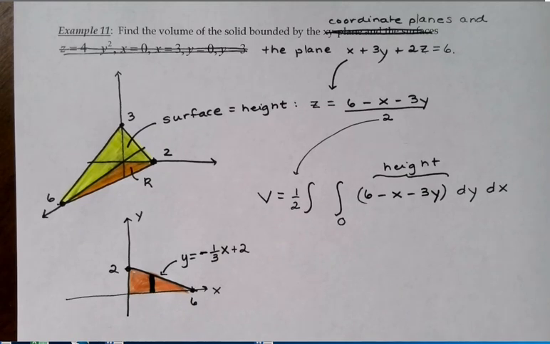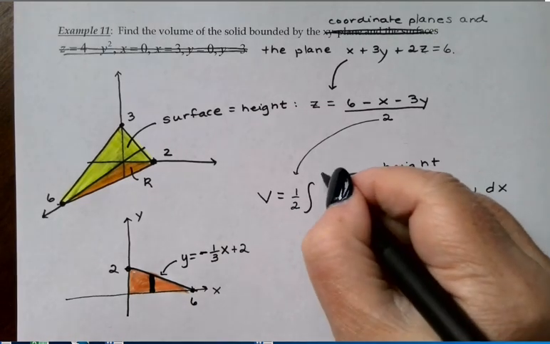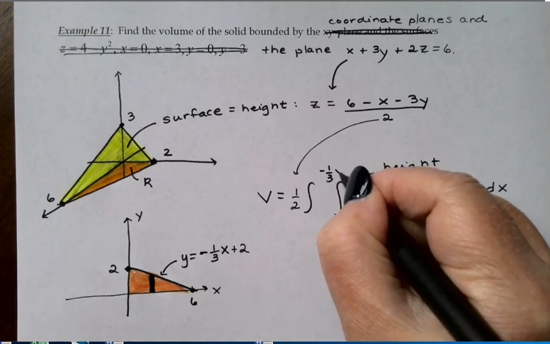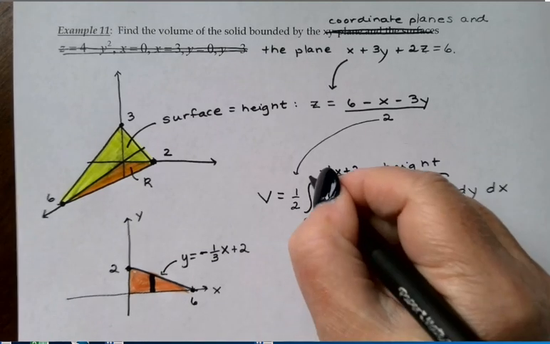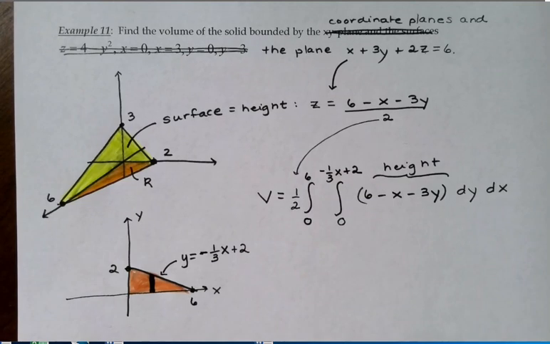So that's going to be the top of my rectangle and my upper limit of integration. The dx values just go from 0 to 6. And there we go. There's our setup for our volume integral.